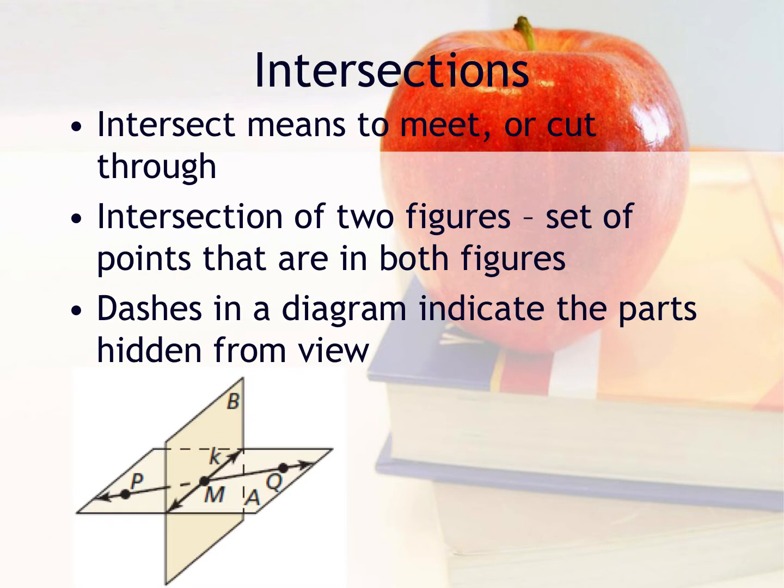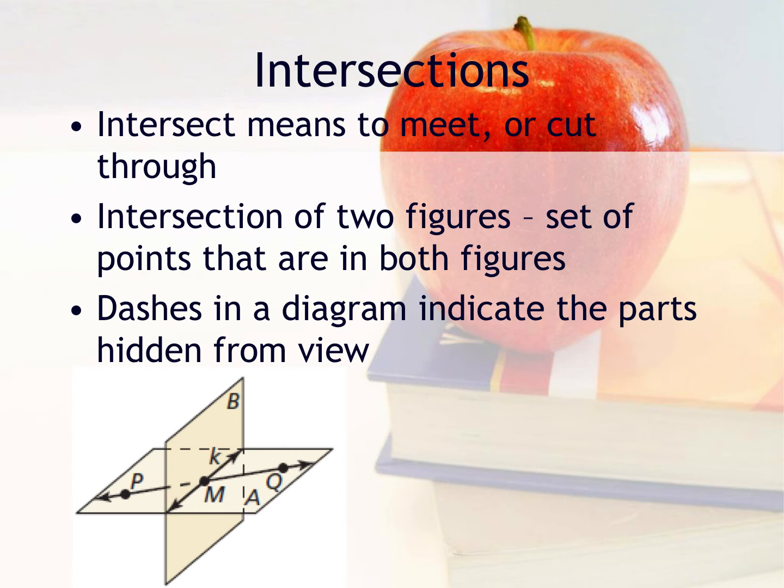So the word intersection means to meet or cut through. For example, when you start learning to drive and you're out on the road, where two roads meet is called an intersection. Maybe where you see a four-way stop or a street light, that in real life is an intersection. That's where the two roads are meeting or cutting through.